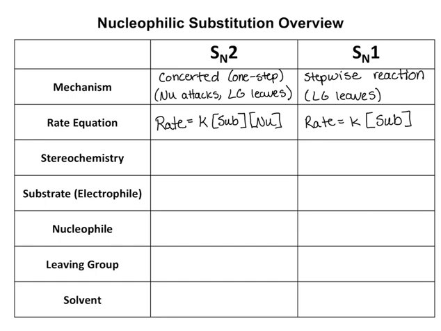All right, and then we just talked about stereochemistry, and we said that for an SN2 reaction, we'll only produce the inversion product.